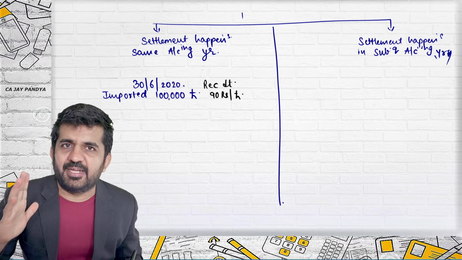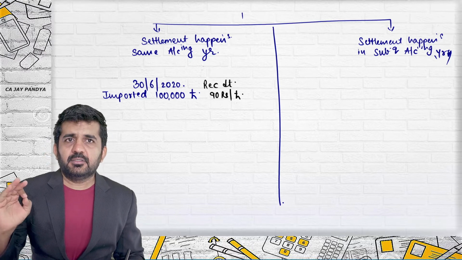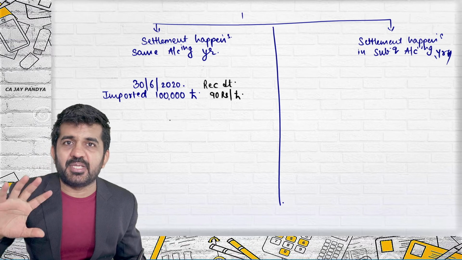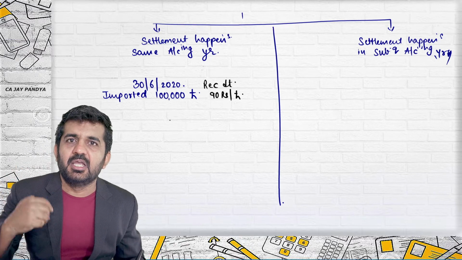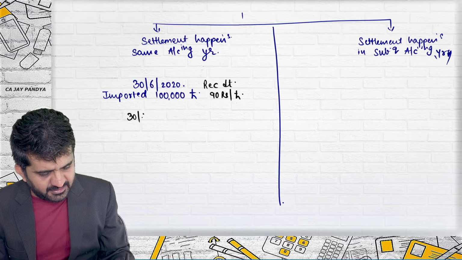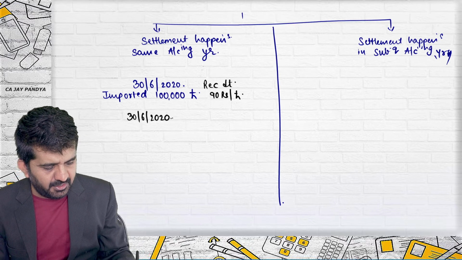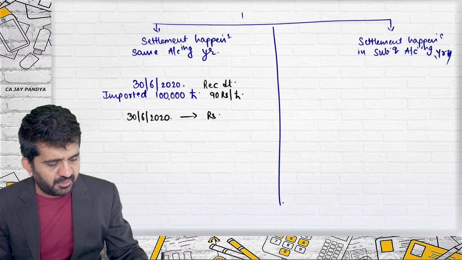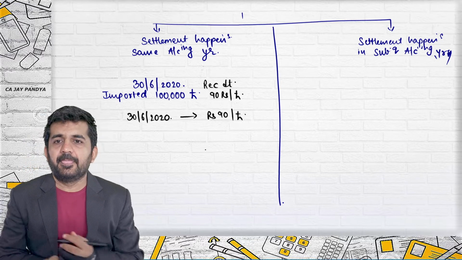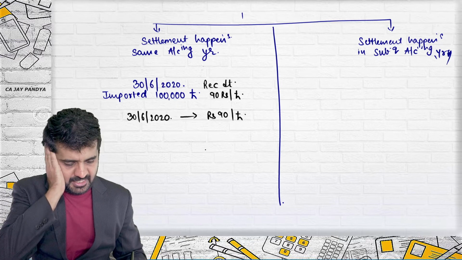It was on credit. And what is the rate which is to be used at the time of purchase? Current rate is to be used. So on 30/6/2020, you will be using the rate of rupees 90 per pound.